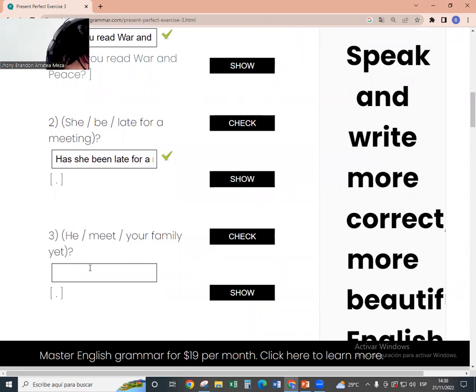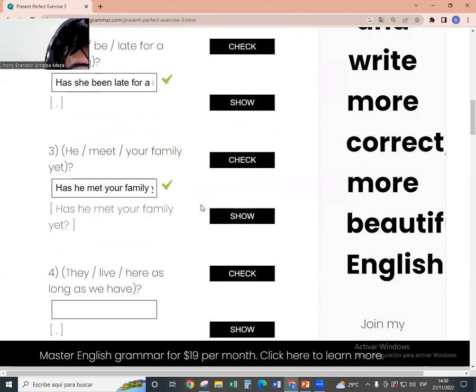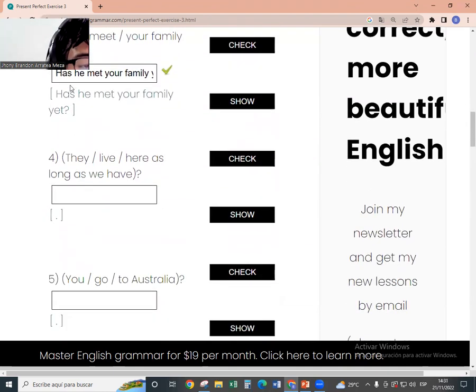Very good, Maria. Excuse me, Sheila, what about this sentence? Tell me, please. What is first here? Very good, has. And then, very good. Has he met, this is the past participle form of meet, your family yet? Okay, your family yet. And let's check this sentence. It is good. Very good, Sheila. Paolo, what is the question here? Tell me, please. What is first?